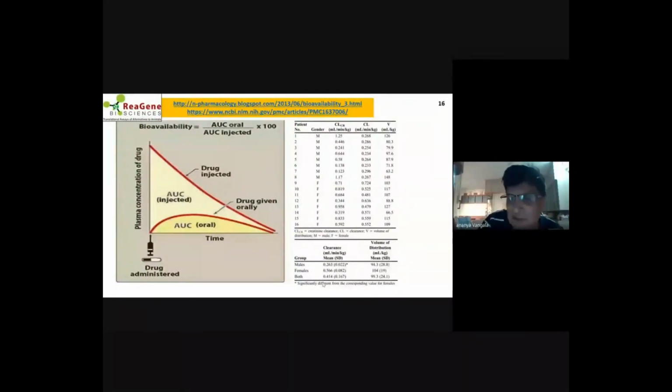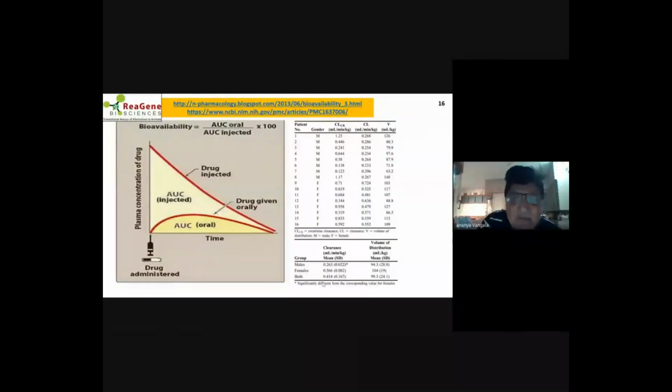We give an IV administration and measure the oral administration AUC, or area under the curve, and we say, hey, only 30% of the drug is absorbed compared to IV administration. So we know whether it is 10% or 5% absorbed by oral, and we look into that in more detail. And in fact, it's not straightforward.